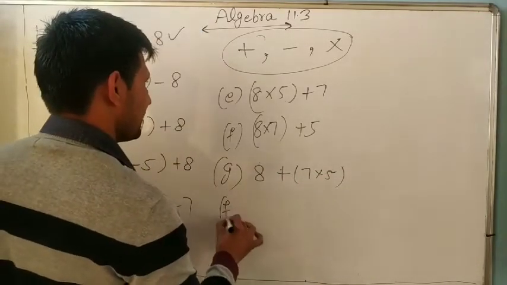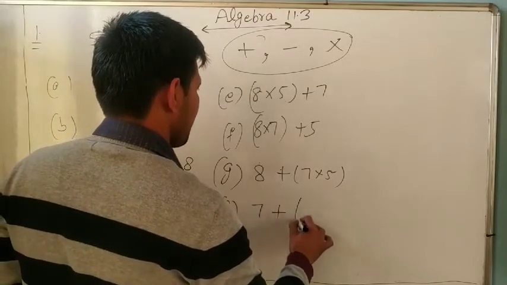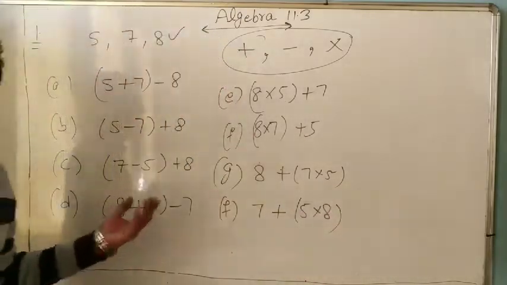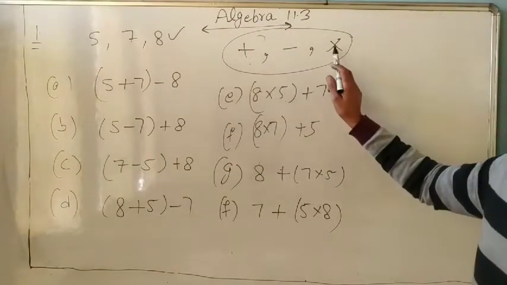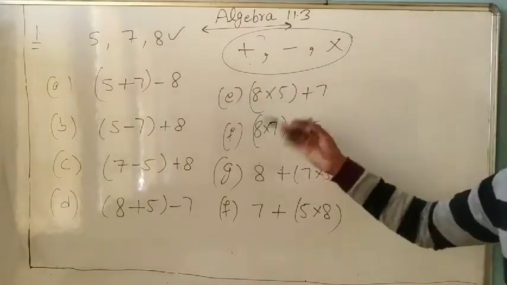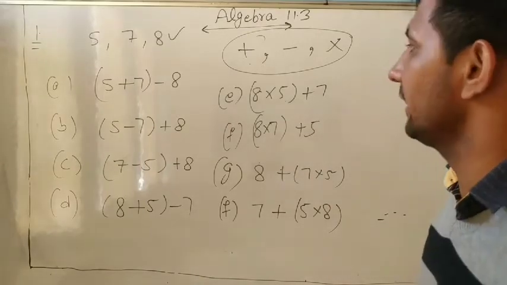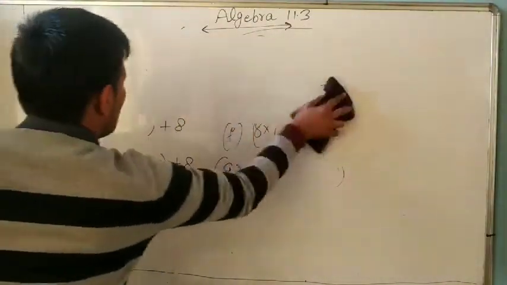You can write like this also: 7 plus 5 multiply 8. So like this you can make many expressions using only addition, subtraction and multiplication. Understand it?